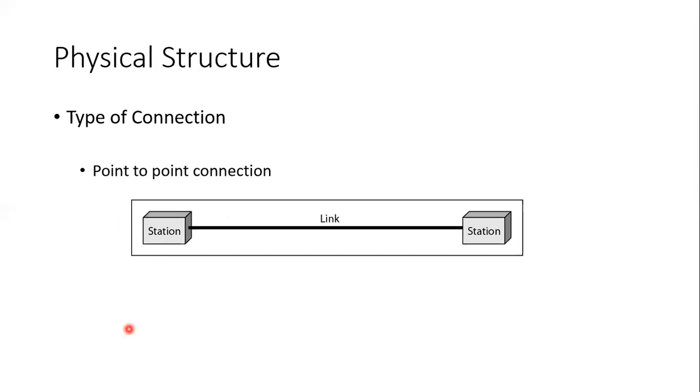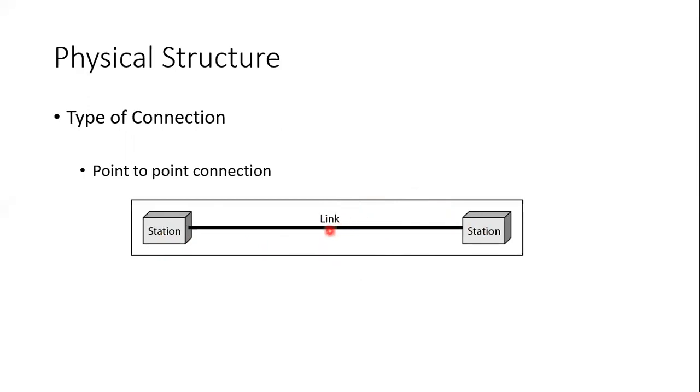Then the physical structure. Let me see. There are two types of connection. One is a point-to-point connection and another one is a multi-point connection. So first, what is a point-to-point connection? So here is one station and here is one station. These two stations are connected by a link. So a point-to-point connection provides a dedicated link between two devices.